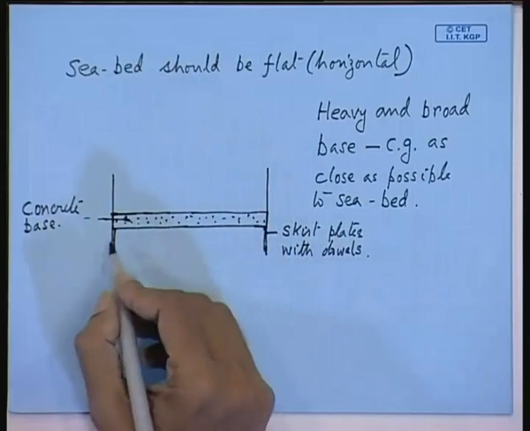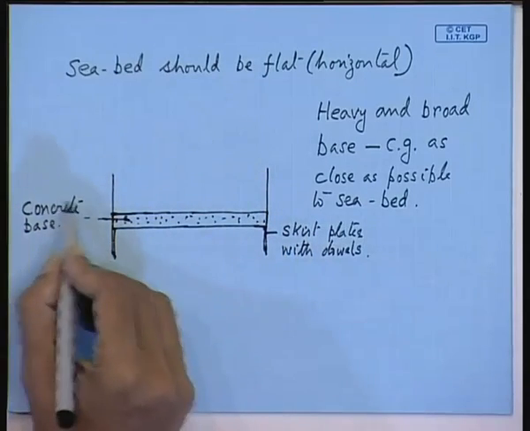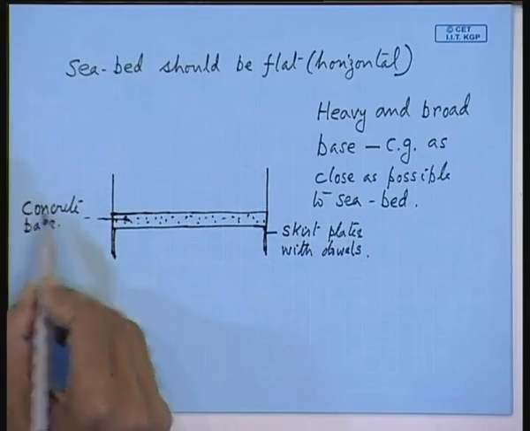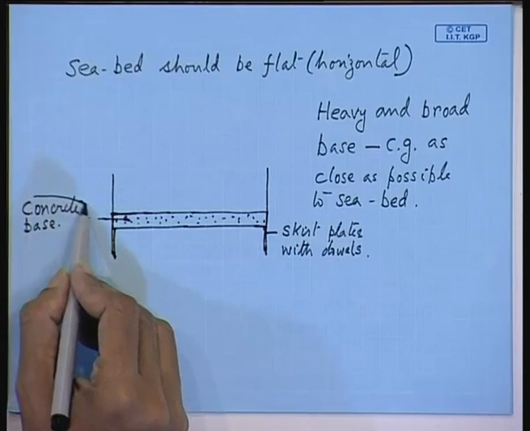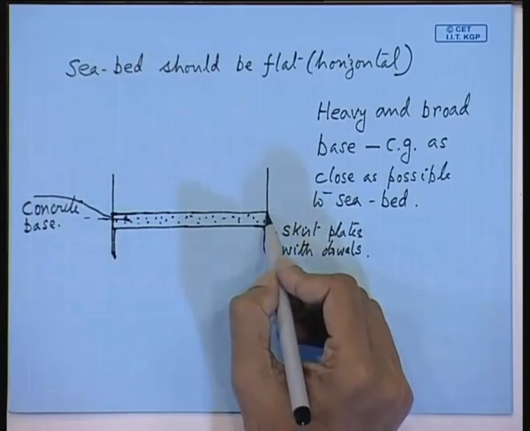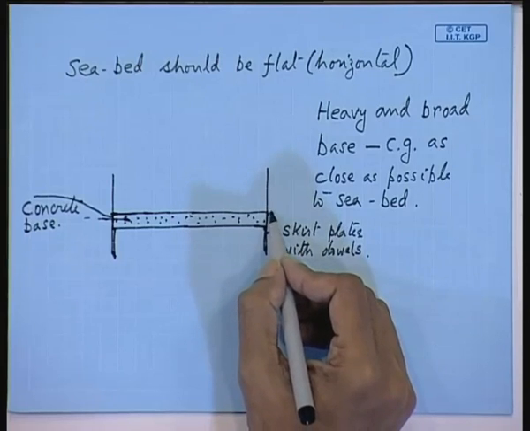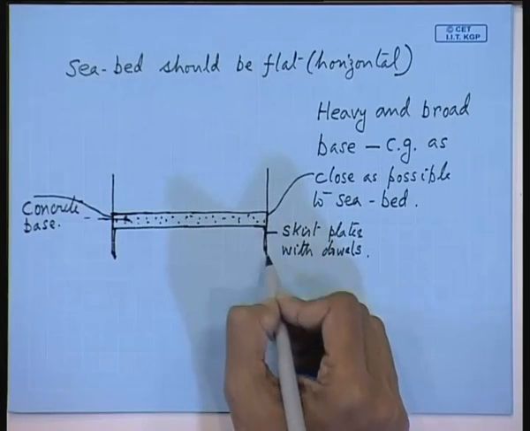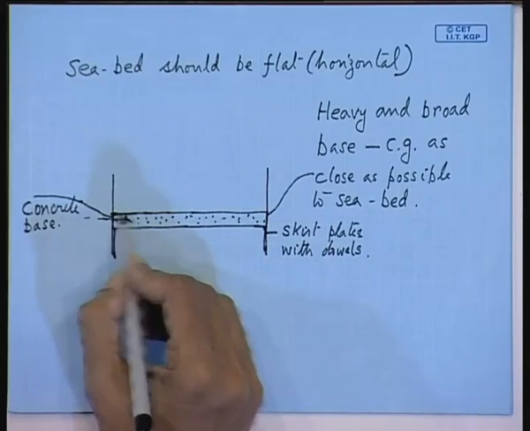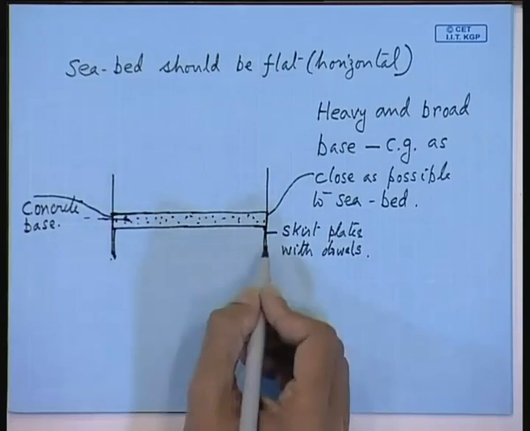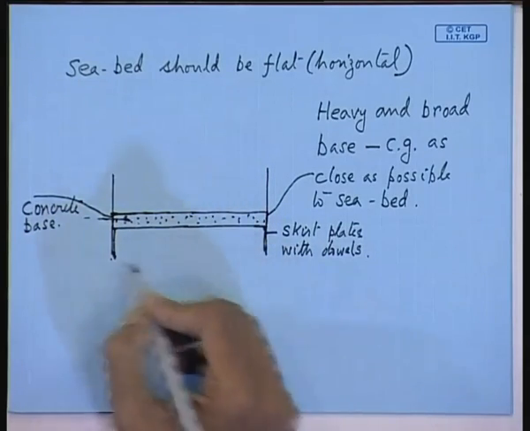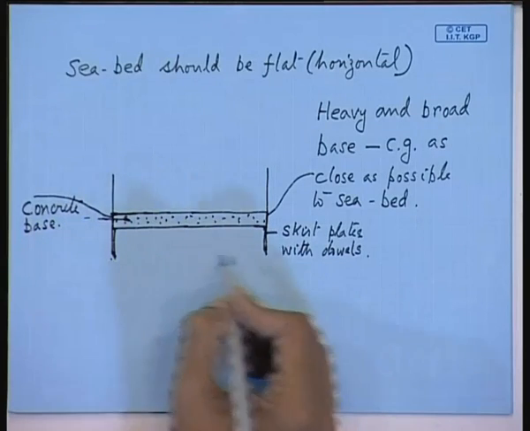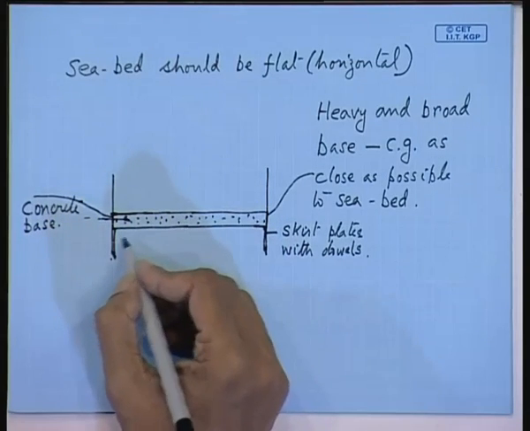Now, after the gravity structure sits on the seabed, a portion of the structure goes below the seabed by means of its weight, and these skirt plates are instrumental in cutting the rocks and taking the structure down.